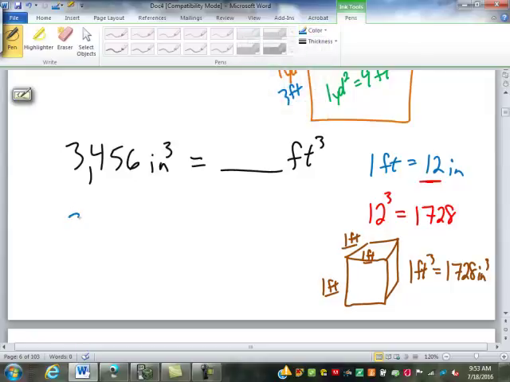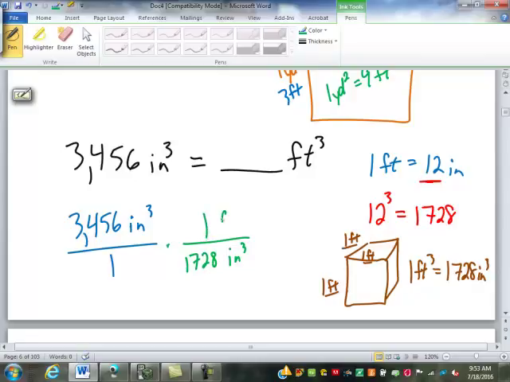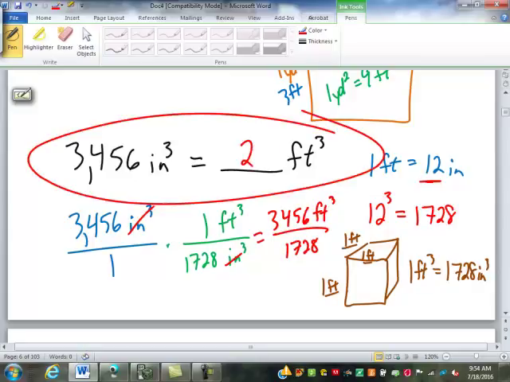So in our conversion over here, 3,456 cubic inches over 1. Cubic inches are going to go on bottom, which is the 1728. 1 cubic foot on top. Cubic inches cancel out. Get 3,456 cubic feet over 1728, which divides out to be 2 cubic feet. What do you think? Not horrible?